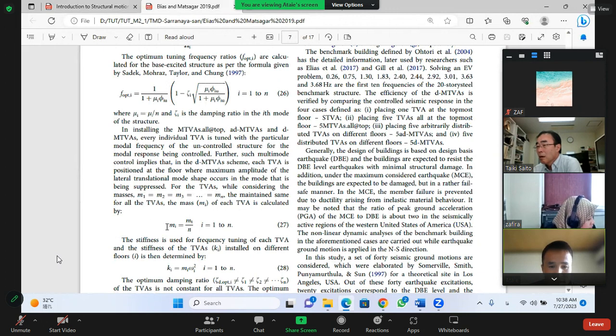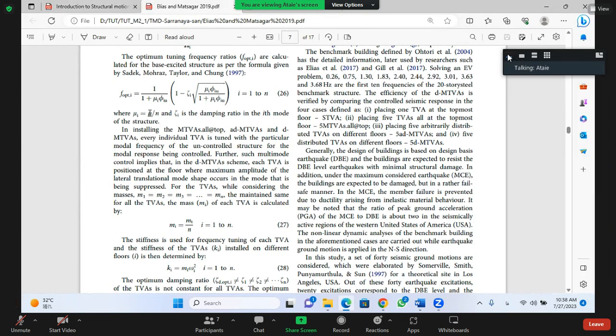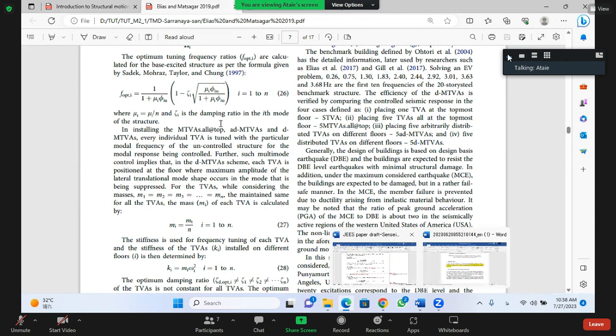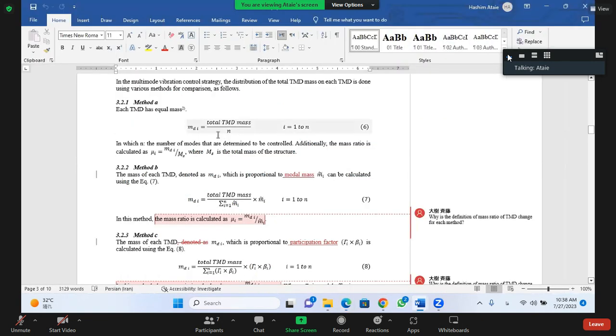So the mass ratio of each TMD is equal to the total mass ratio divided by the number of TMD, as I did here in the equal mass. Total mass of TMD is divided by the number of TMD, which is the TMD mass for calculation. But the total mass ratio, which is 3%, remained unchanged, Sensei.